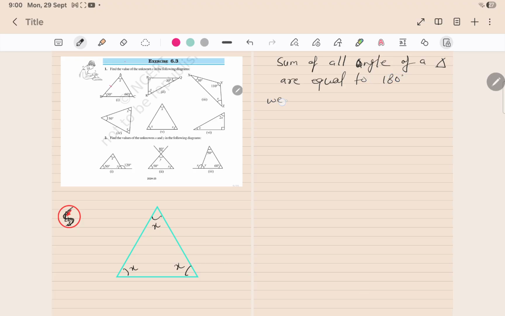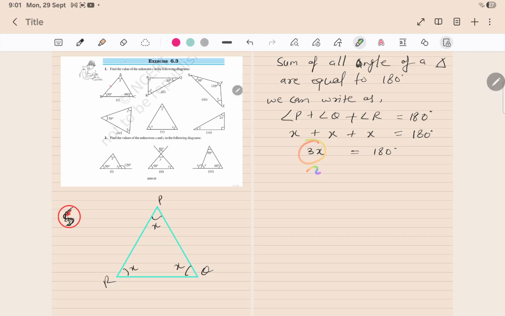So we can write, for triangle PQR, angle P plus angle Q plus angle R equal to 180 degrees, and angle P is x degrees, angle Q is x, angle R is x. They are all equal. So x plus x plus x, that is 3x, equals 180 degrees.